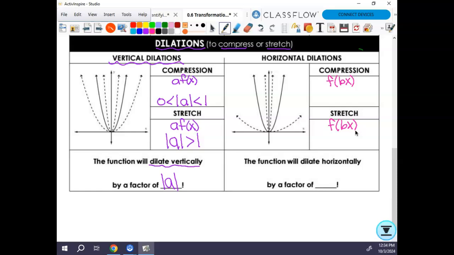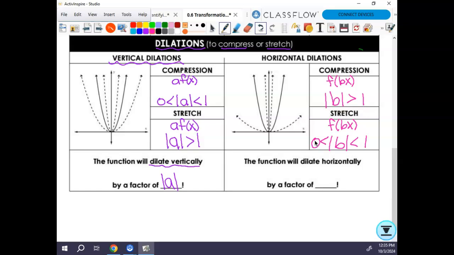So if it's a compression, we would think maybe we'd see a small number like we would here, we don't. The absolute value of b would be greater than 1. So if that's f of 5x, that's actually a compression. A stretch, the absolute value of b would be between 0 and 1.